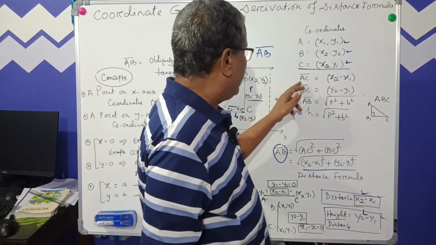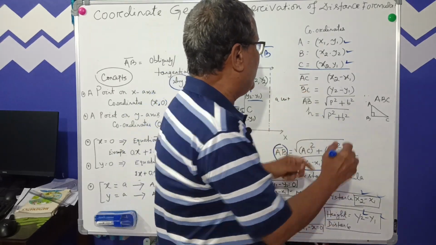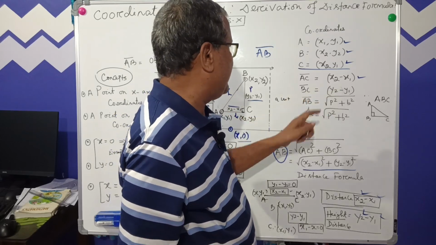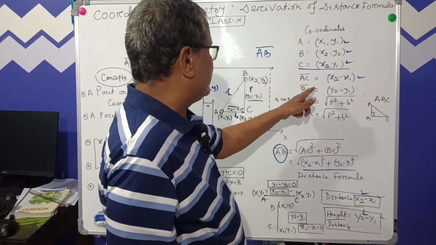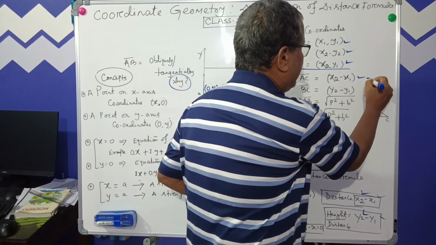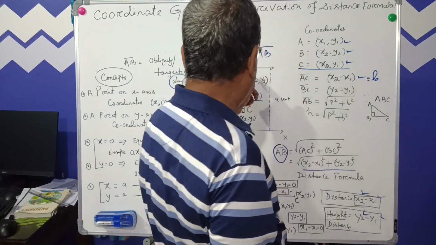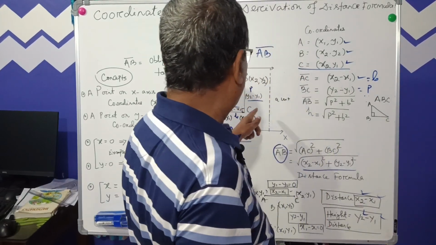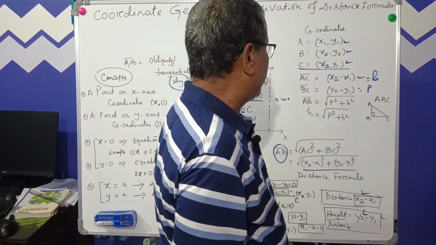Now the AC distance we have already discussed, that is x2 minus x1, and BC, the height or perpendicular, is y2 minus y1.